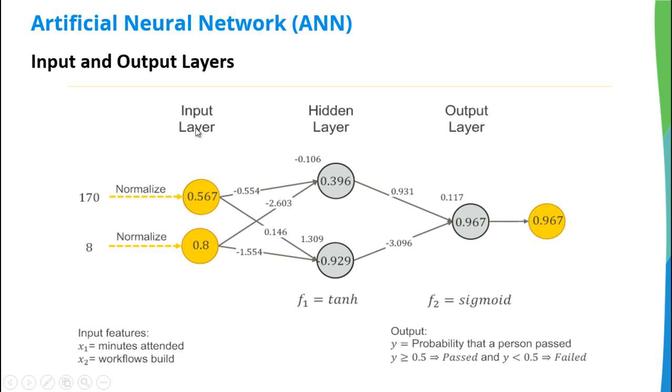So we have input layers, hidden layers, and output layers. F1 is, for example, the activation and F2 is sigmoid. So input features X1, X2 pass through here. Then we have the output layer, the probability that the person passes. A probability less than 0.5 means failed, and above that means passed.